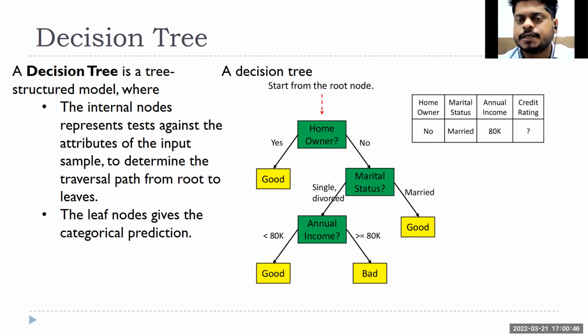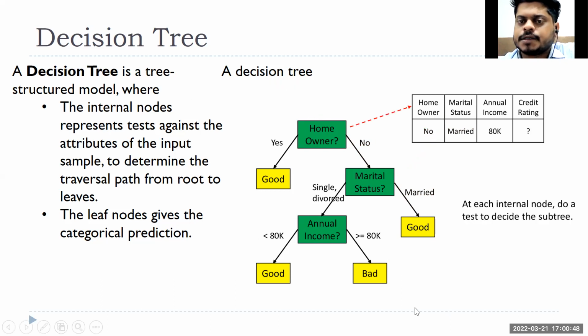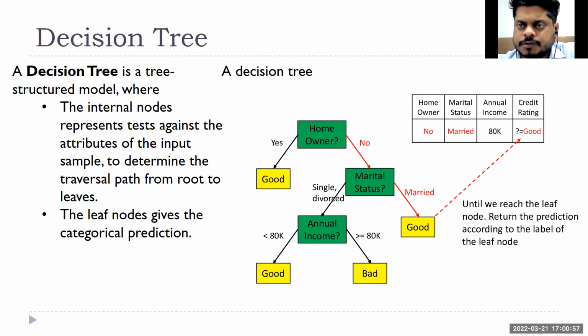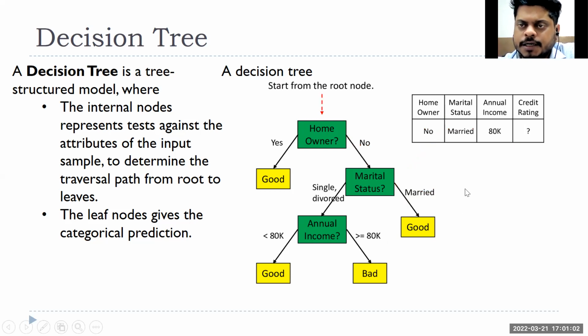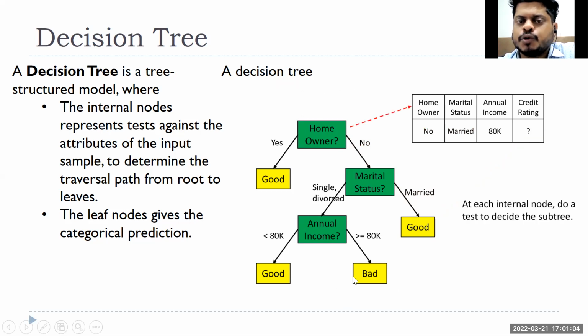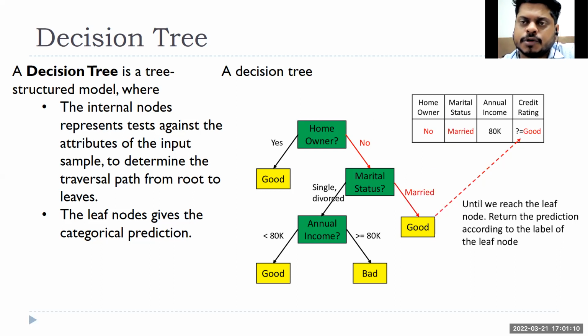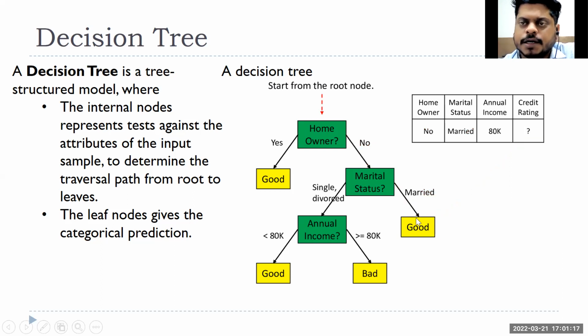Suppose I create something like this without any statistical explanation, and go to a director of a bank, or the executive directors of a bank, and say that this is how I have created a decision tree model. What is it going to say? It is going to predict the credit worthiness of an individual. If somebody is a homeowner, marital status married, he is good credit worthy.